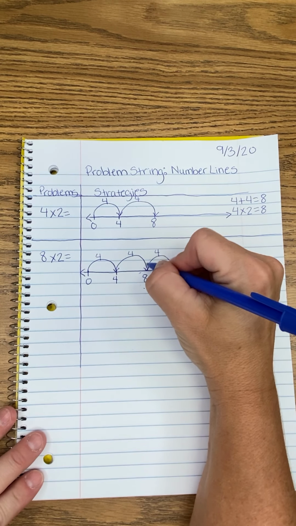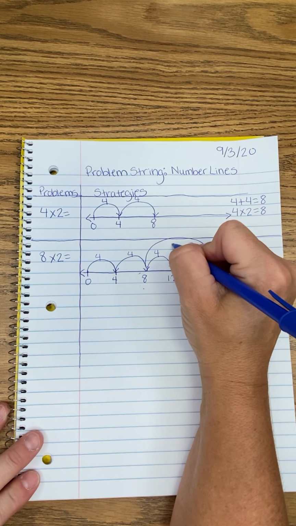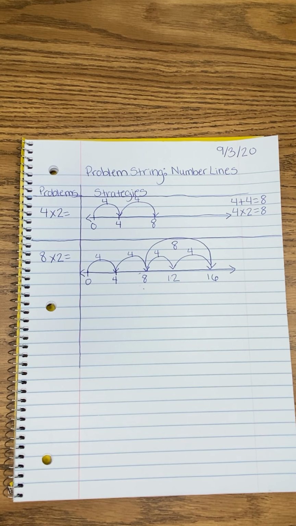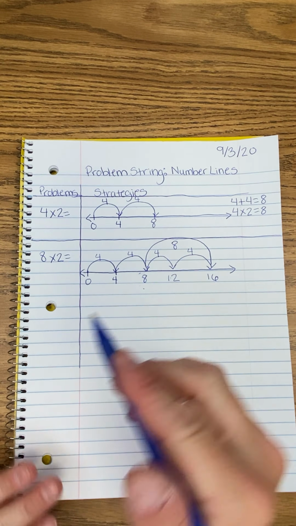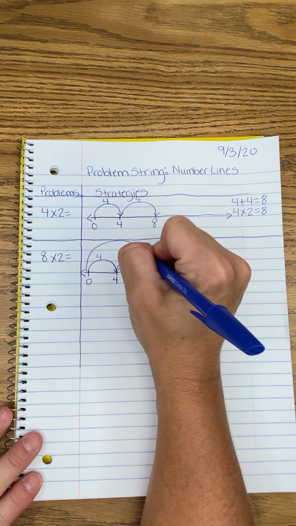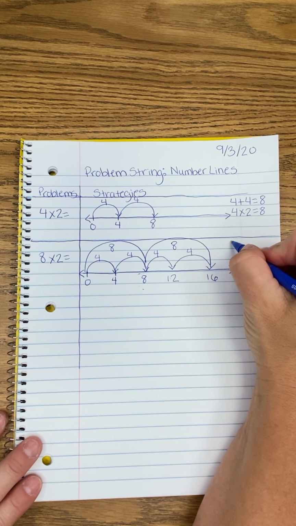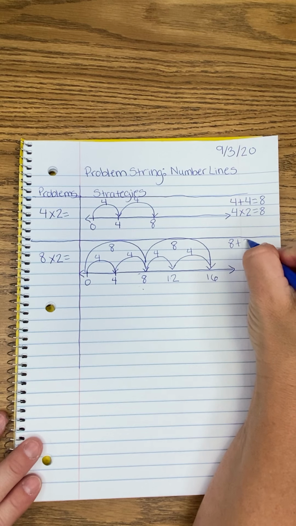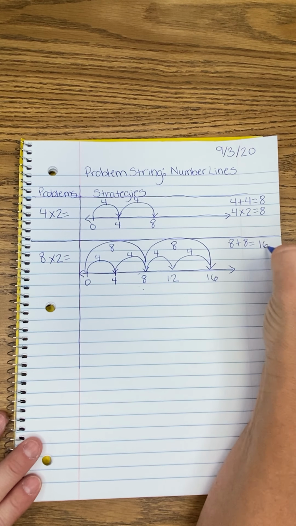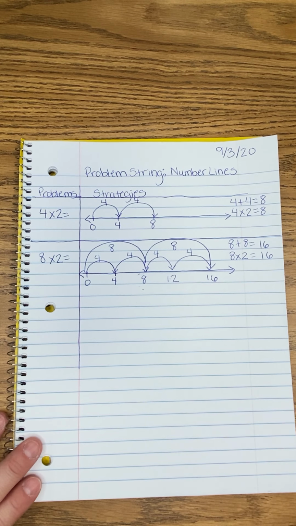So we know that this is the same thing as jumping 8. So what we just did is, because this is also 8, we just did 8 doubled, 8 plus 8 equals 16, or 8 times 2 equals 16.